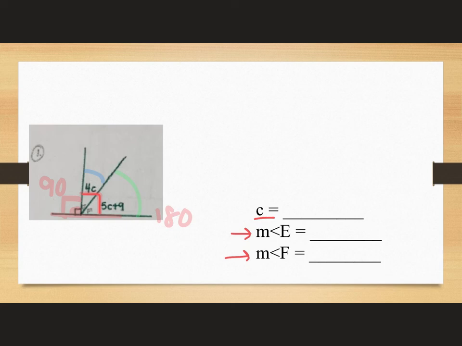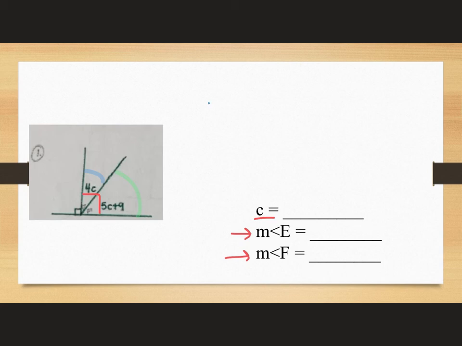So these two angles, E and F, together are complementary angles because they make that right angle.